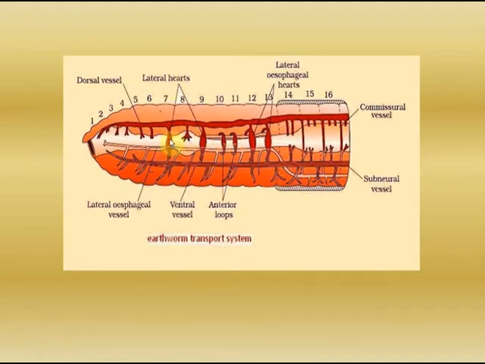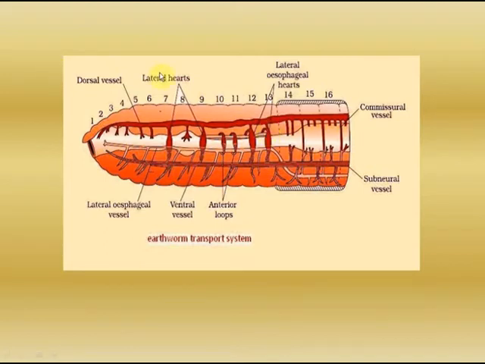These are 4 pairs of heart: 1, 2, 3 and 4. Hearts with valves are also present in the circulatory system of earthworm. 2 pairs of lateral heart, one in 7th and 9th segment. 2 pairs of lateral esophageal hearts, one in 12th and another in 13th segment.